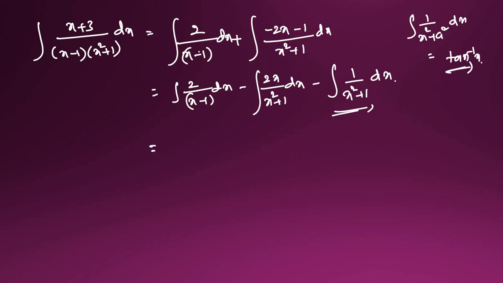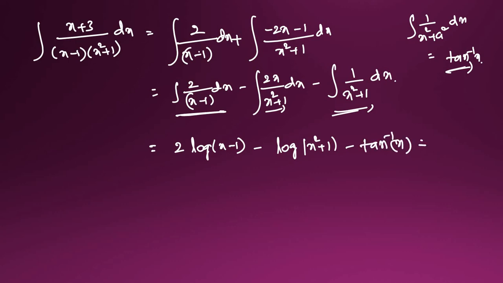This one: 2 into integral, will do, log of x minus 1 will come, and minus, right, 2x will come if we do the integration of this, so it will become log of x square plus 1 will come here, and this minus tan inverse of x will come here. So plus c, the constant value. So this is the end of this question.